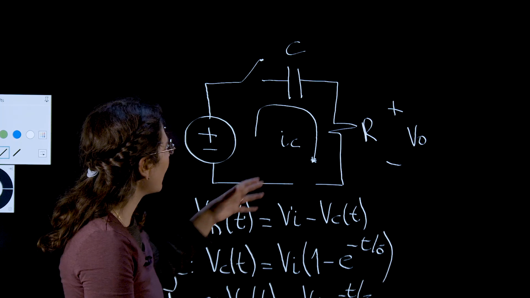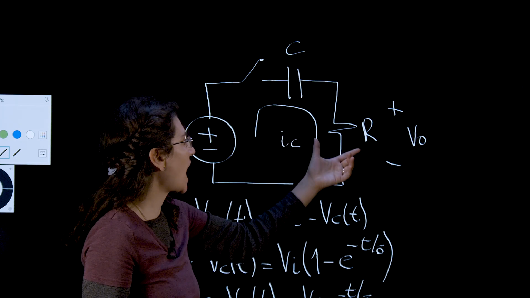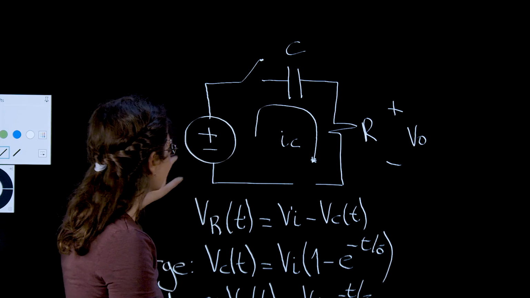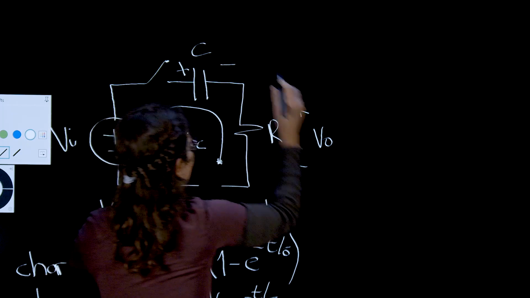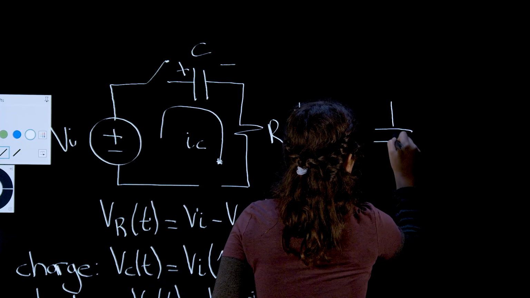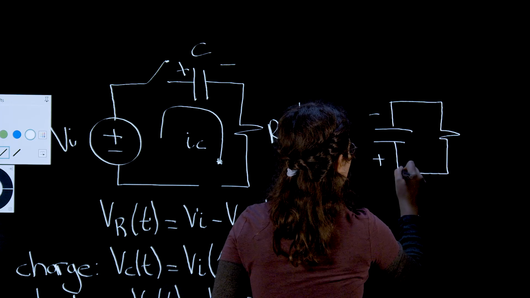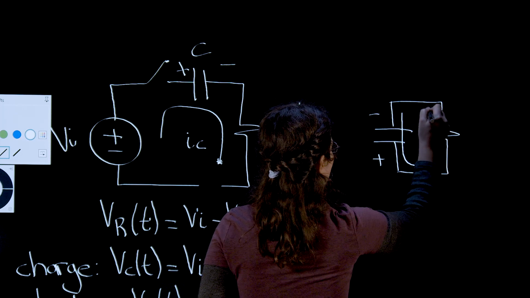It's also from that, because the current is flowing in this direction suddenly, and at the beginning, because the capacitor is charged, we would have here my charged capacitor in parallel with my resistor. So the current's going to flow in this direction like this.